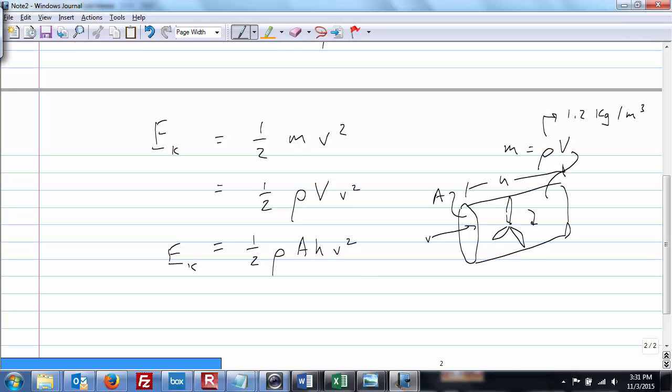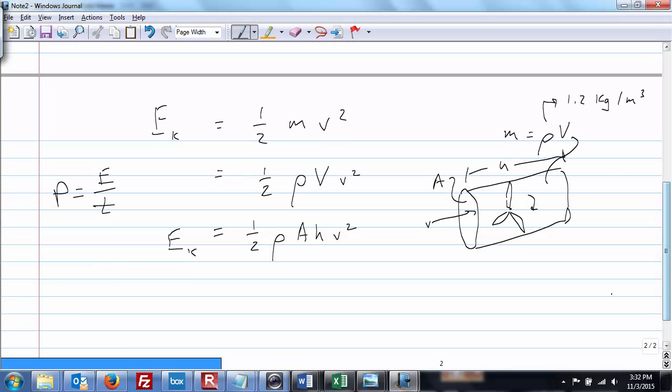All right. Now, let's see if we can get from energy to power. Because we know that power equals energy divided by time, right? So all I'm going to do is divide both sides by time.